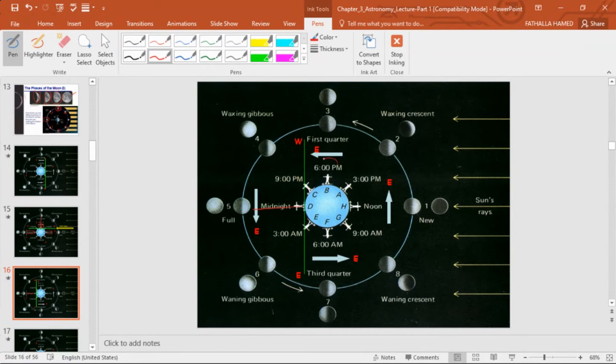You only look at the times that are parallel, which basically make a line like this. So it is 6 p.m. and 6 a.m. So we say that the full moon rises around 6 p.m., which is sunset, and it will set around 6 a.m., which is sunrise, and it will be at the highest point around midnight.